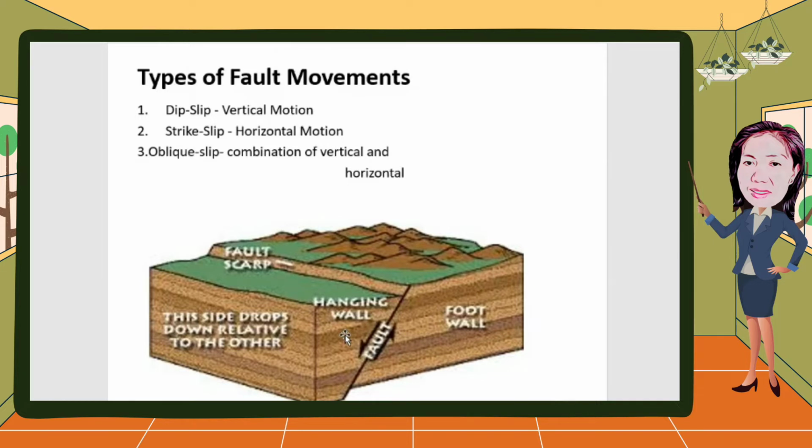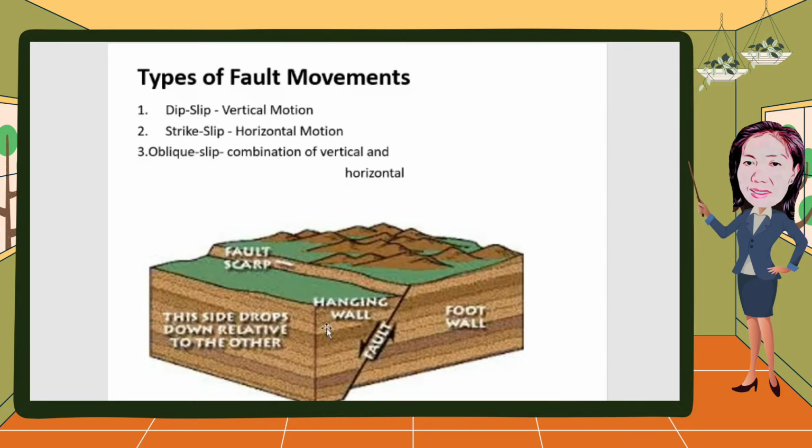Okay? If the rock is below or on the bottom of the fault, a rock that is on the bottom of the fault is called the foot wall. Okay, remember that?